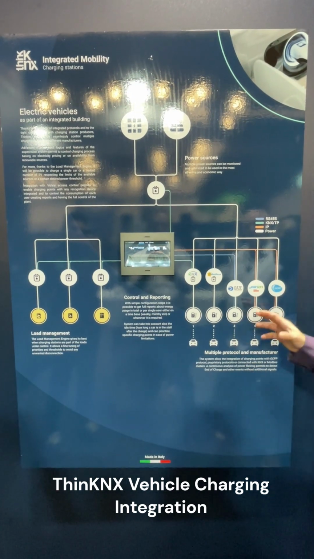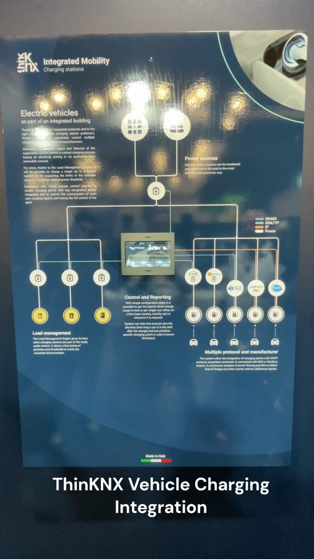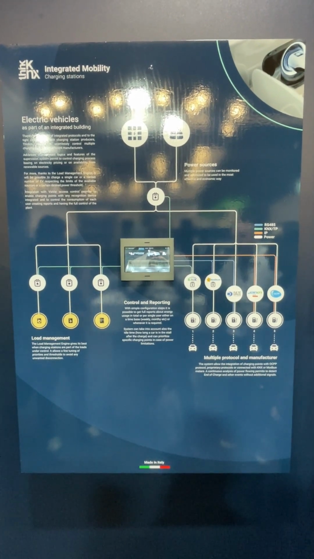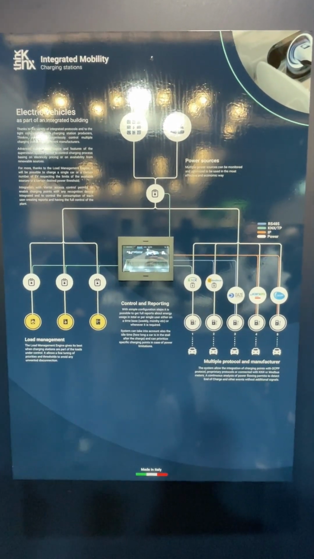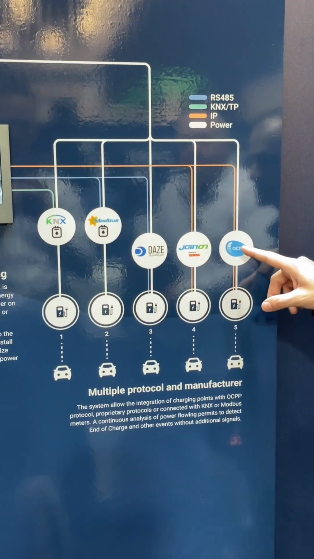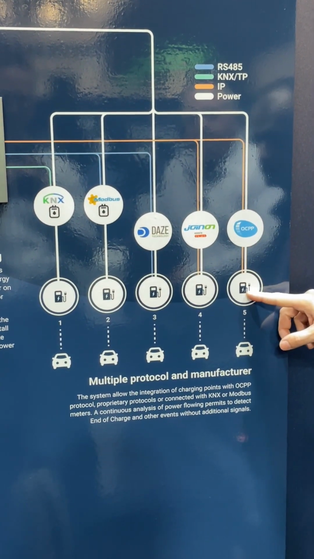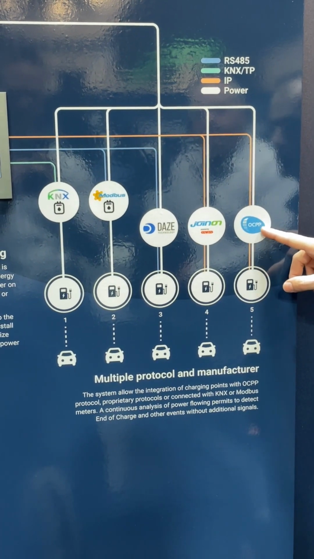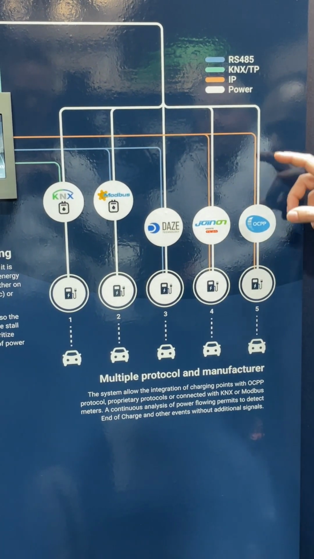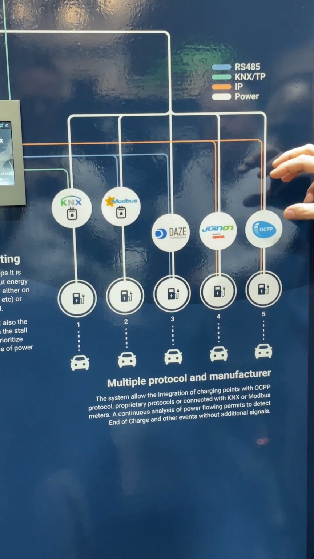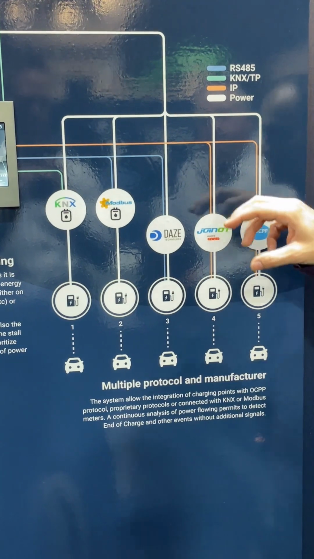Okay, here we are explaining a little bit what we can do for the electrical vehicles control and charging station. We can directly integrate with many different brands of chargers, thanks to OCPP integration, that is an open protocol for charging stations, or we can integrate with specific brands thanks to integrations of specific protocols.